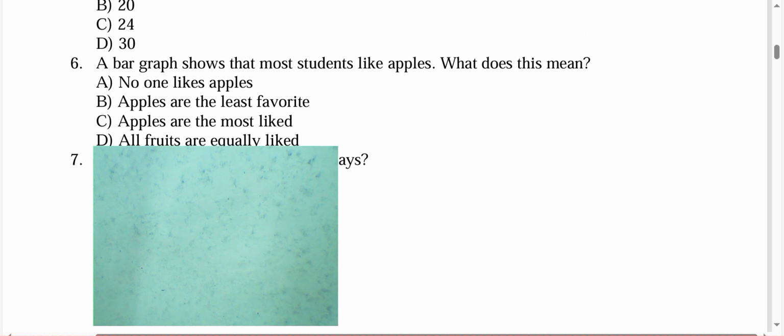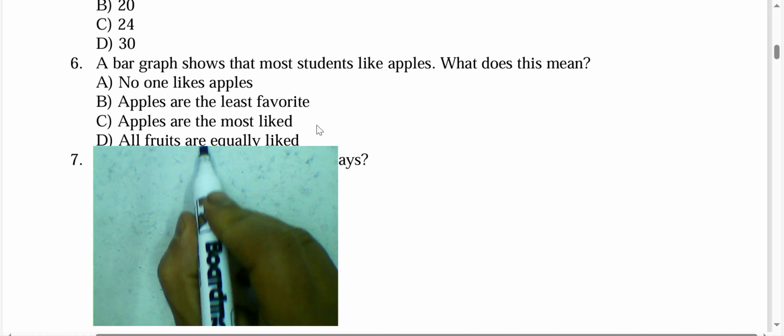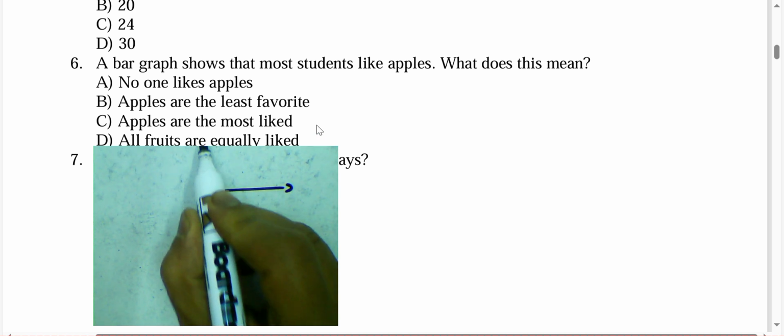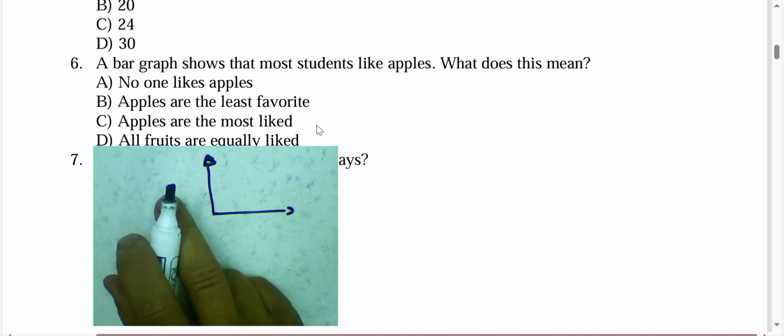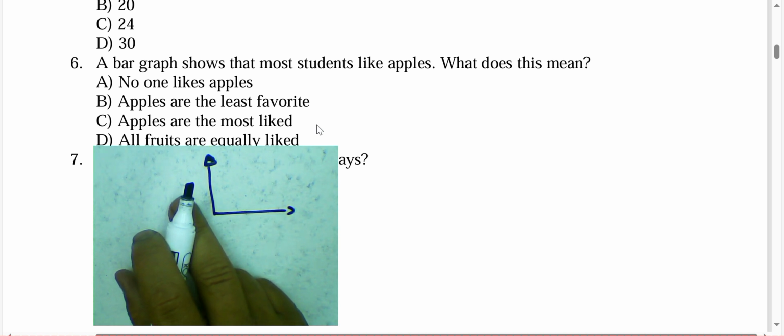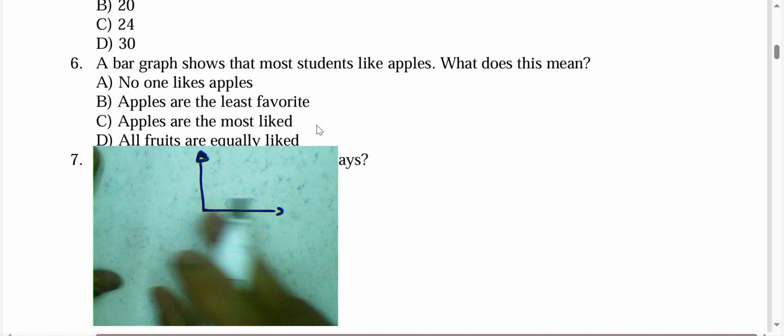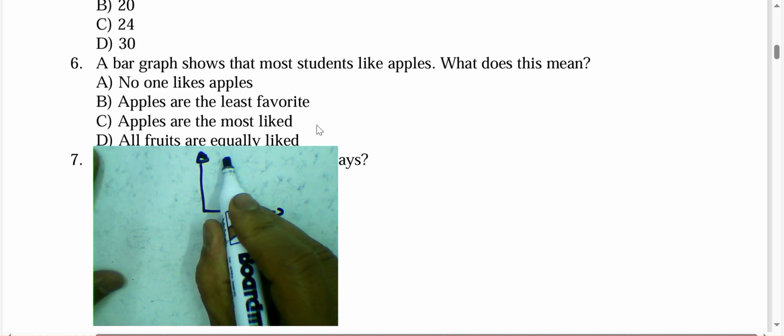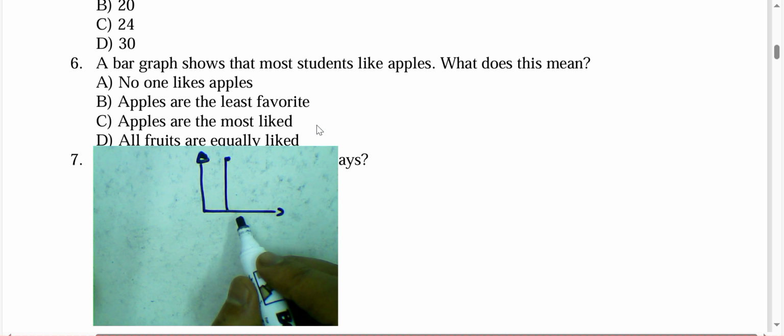A bar graph showing the most students like apples. What does this mean? For example, apples are the most liked. If we have a graph about the number of people and their favorite fruit, and apples have the most, it means apples are the most liked.